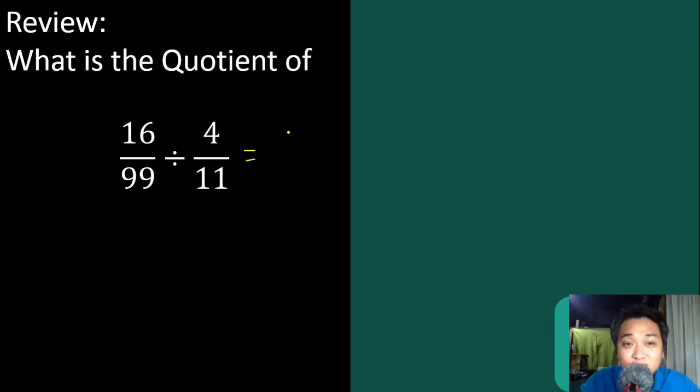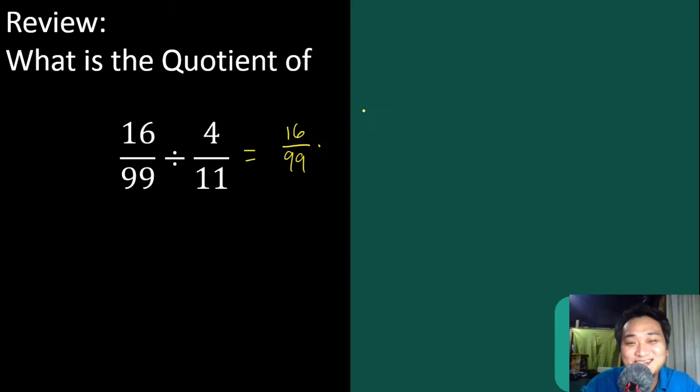So, ang gagawin lang po natin, let us copy 16 over 99. Instead of dividing, we're going to use multiplication. And instead of copying 4 over 11, we're going to write the reciprocal of 4 over 11. When we say reciprocal, yung parang binabaliktad yung fraction. Ganun lang yung kasimple.